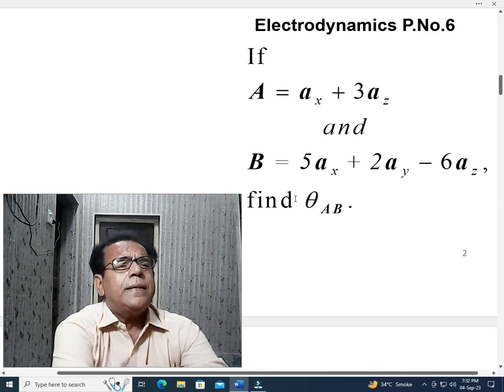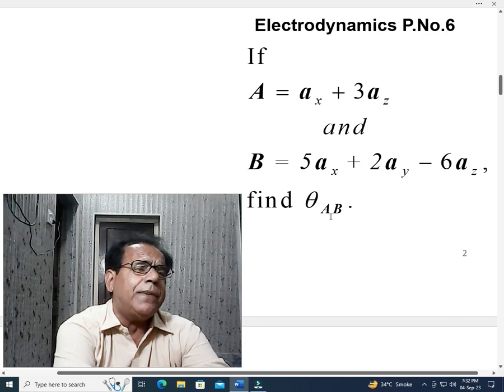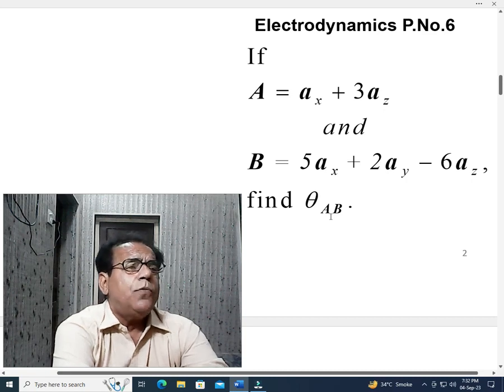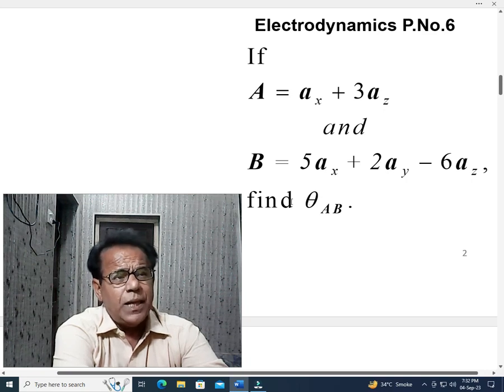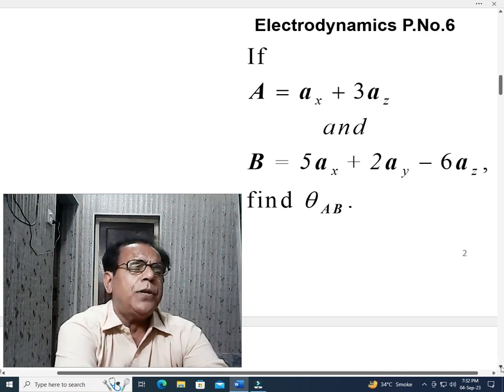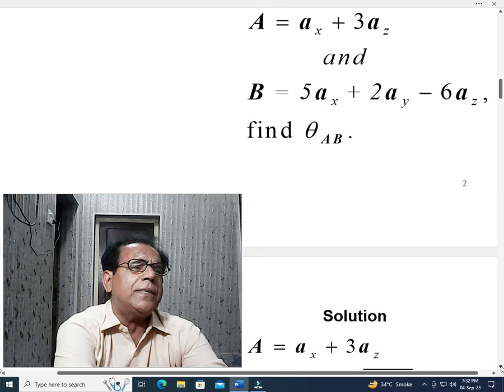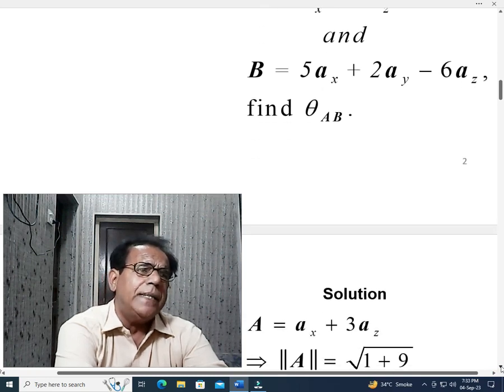That is the same, that is, find the angle between A and B. What is theta? Theta is the angle. So find the angle between A and B, or find theta AB. No difference whether we pronounce it as the angle between A and B or find theta AB.